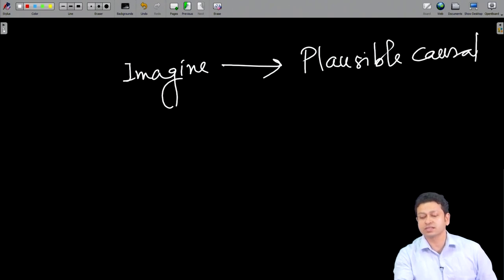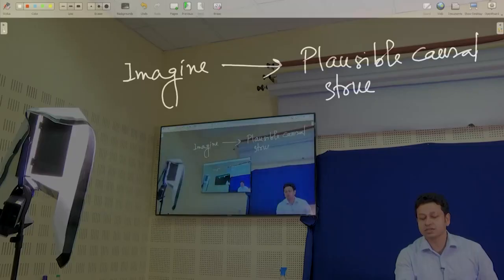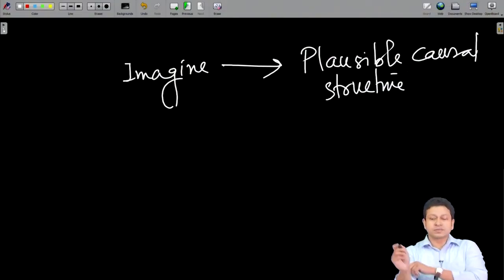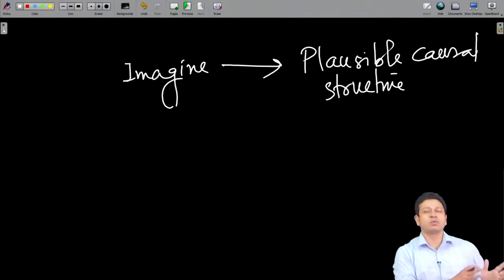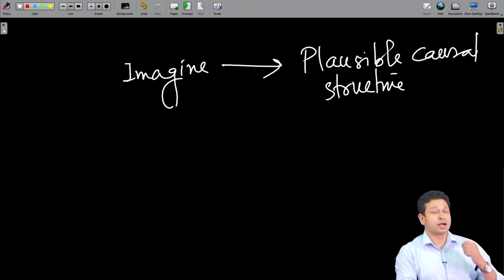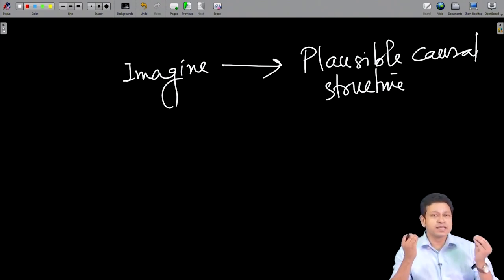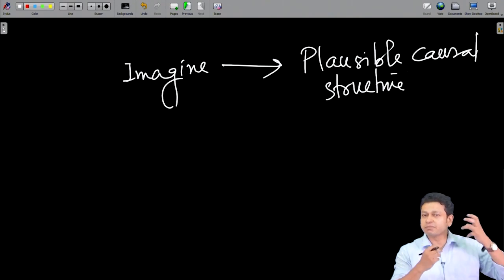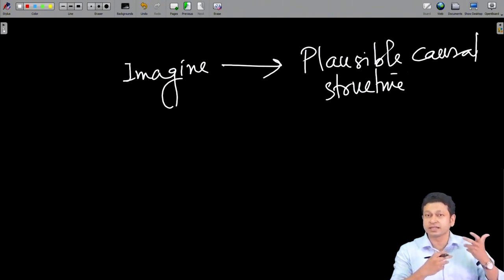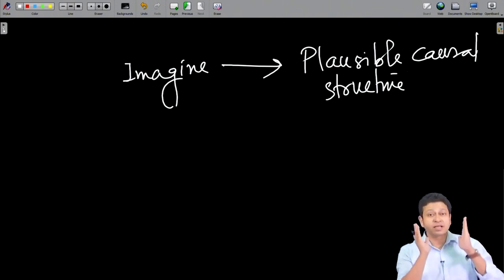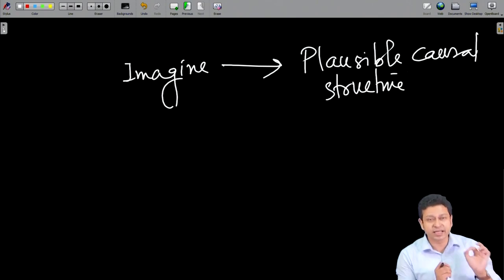It is not the causal structure, but a plausible causal structure, right. It is basically telling why one factor is leading to the other. Be it a story, be it our understanding of fire, be it our understanding of how agriculture can happen, all of these are giving the human mind many possibilities that this can happen, right. And imagination is basically nothing but dealing with all these plausible causal structures. So, that is the beginning of it.